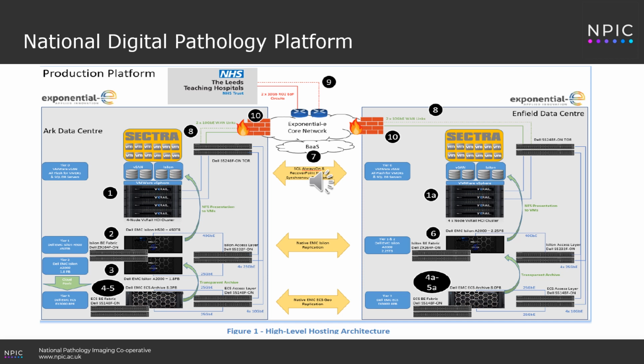Alongside that, it also has a capability to connect into any cloud infrastructure in the future. So for example, if we wanted to archive into a cold tier of storage in one of the major cloud vendors' platforms, we're able to do that.